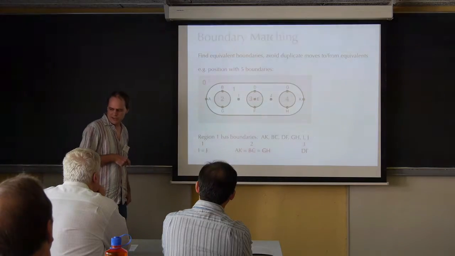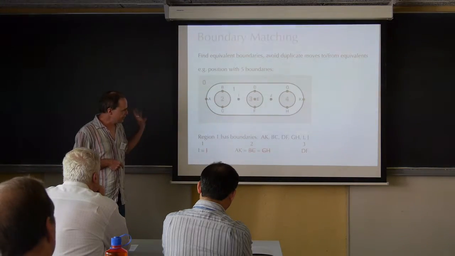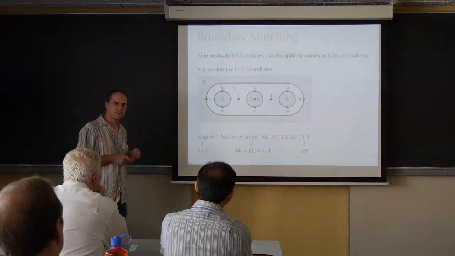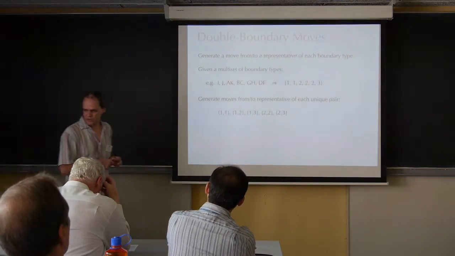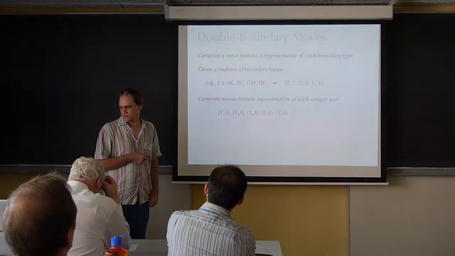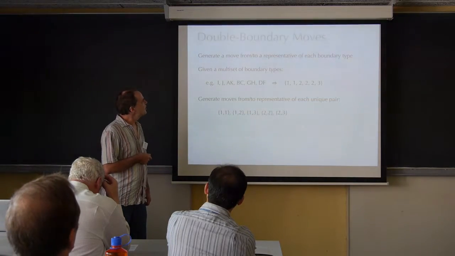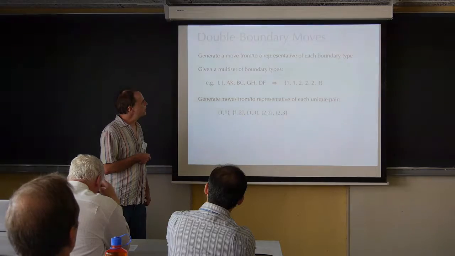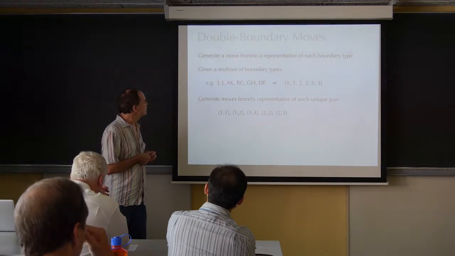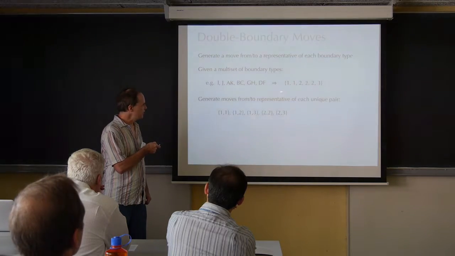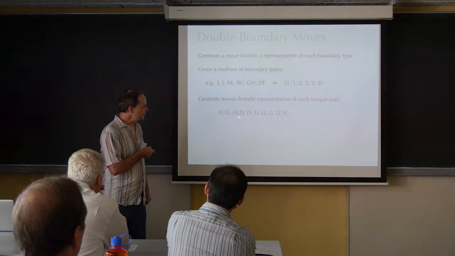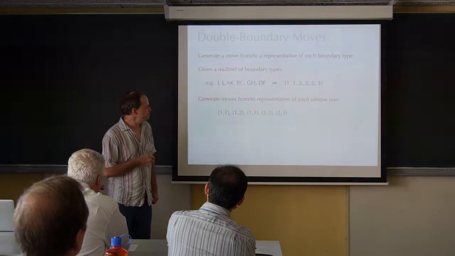And so when it comes to move generation, we only need to select one representative of each of these equivalence groups. So for the double boundary moves, we generate moves from and to a representative of each of these equivalence types. So here we have a multi-set of equivalence types, and these are the pairs that we generate moves for.